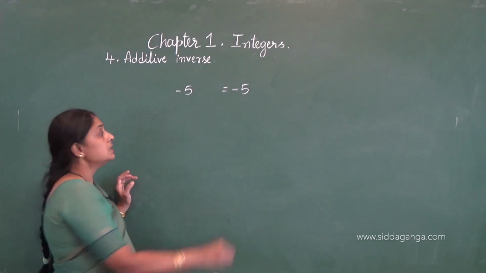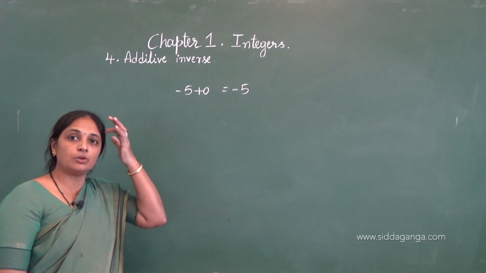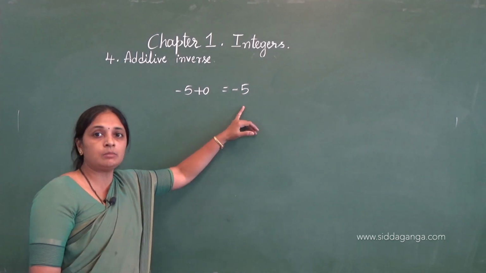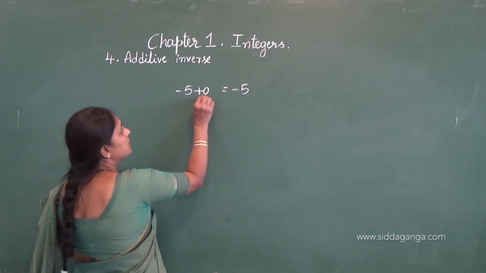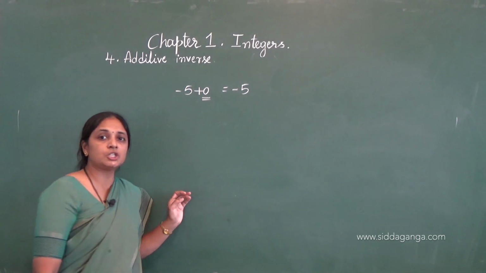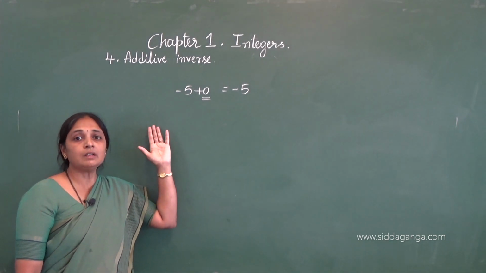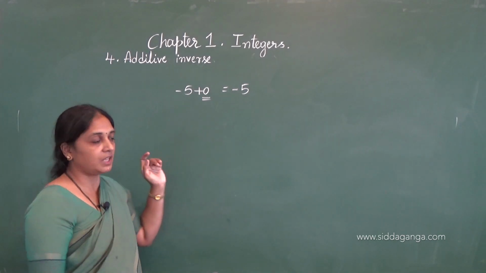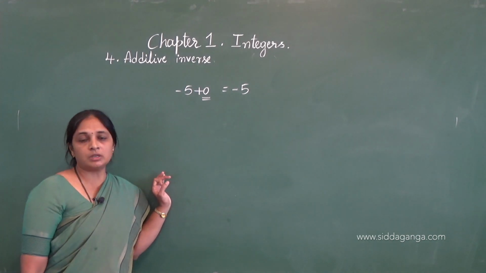We can add 0. When we add 0 to any given number, then we get the same number as our answer. It doesn't change anything in the given number, then we can say that 0 is the additive inverse.